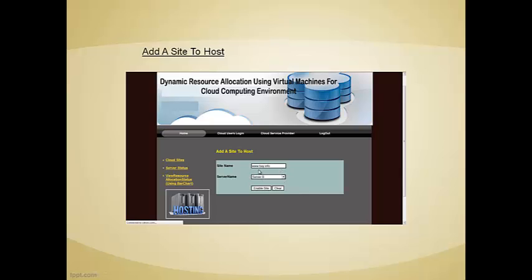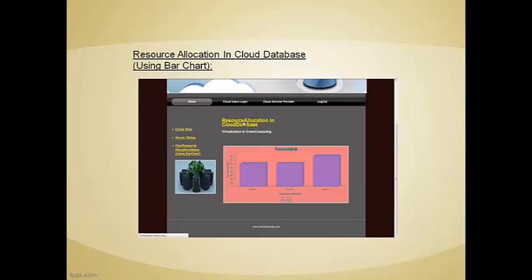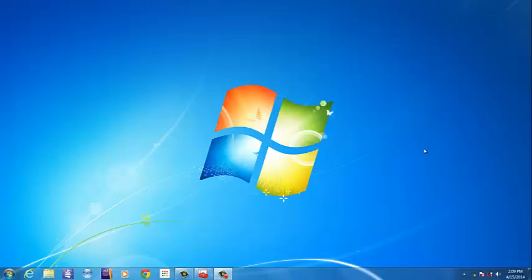Here www.info is hosted on server B, and this is the bar chart of the servers showing the resource allocations. Here server A is utilized up to 60 KB and server B is also utilized up to 60 KB. Now we are going to show our project demonstration.